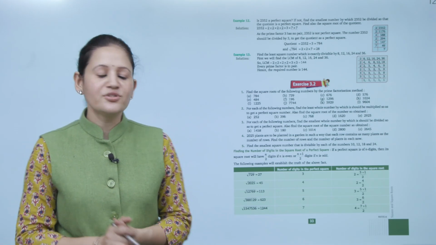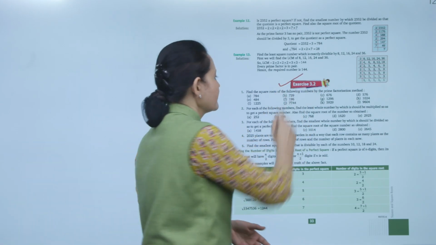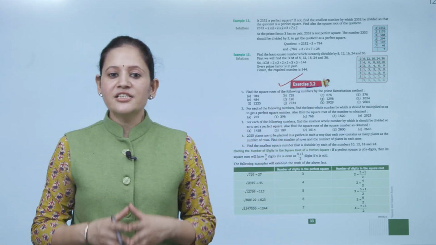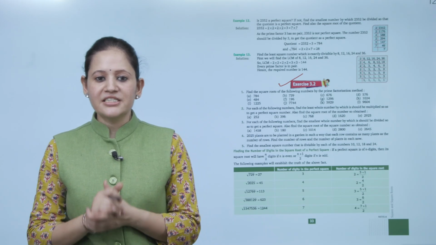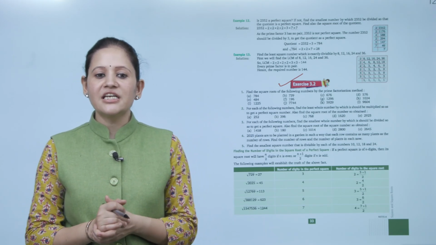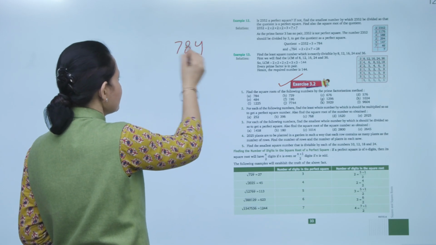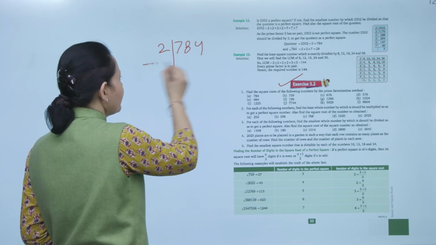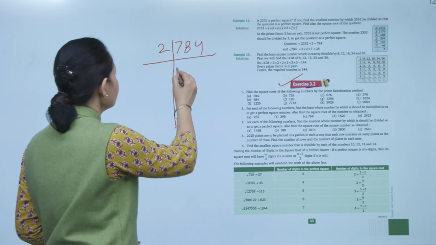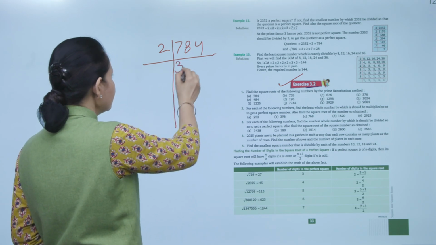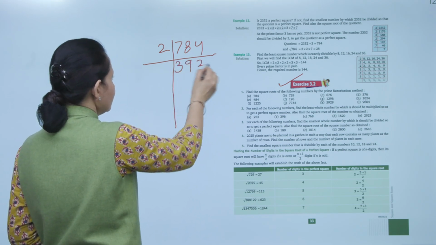Next is exercise 3.2. Find the square root of the following numbers by prime factorization method. So the first number is 784. First we'll do prime factorization of this number. 2 से divide करेंगे. 2 3 is 6, 2 9 is 18.